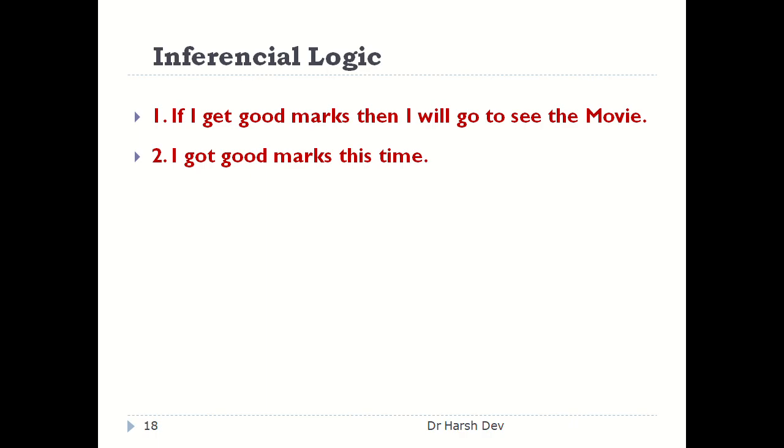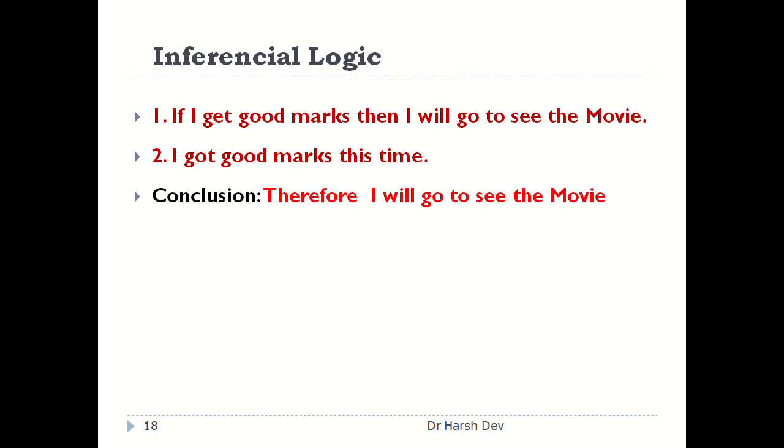And the second one says that I already got good marks this time. So what is the conclusion? Definitely the conclusion is therefore I will go to see the movie. So using these two statements, statement number 1 and statement number 2, we are able to conclude that I will go to see the movie.